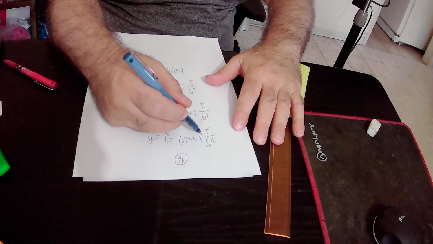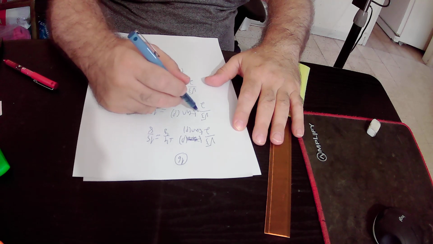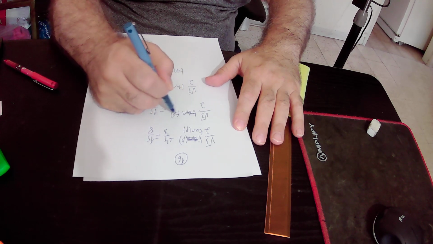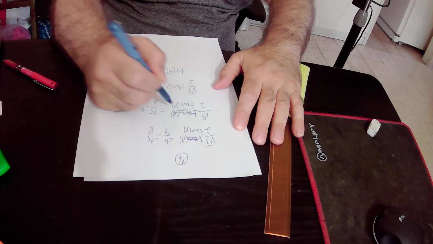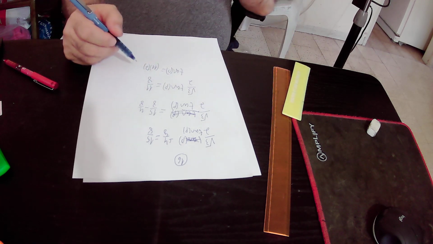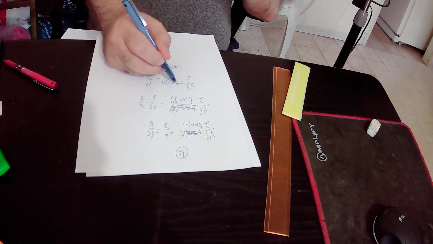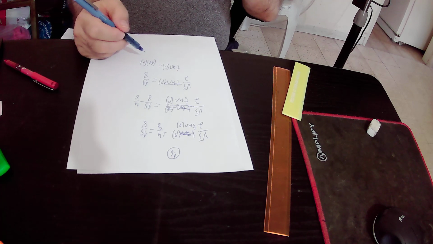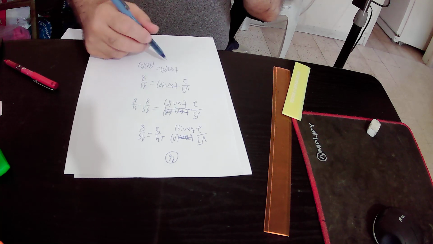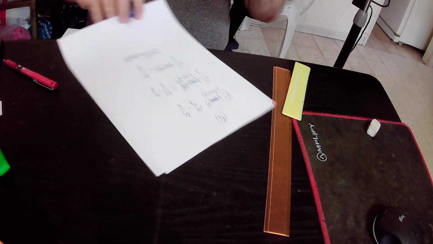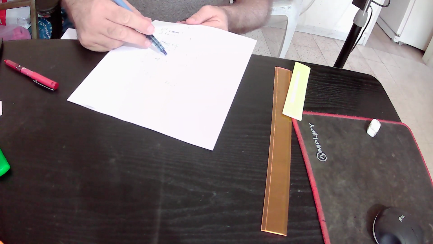Here also tangent p is in the denominator, and also here tangent p is in the denominator, so we will multiply this equality by tangent p in order to find the value of tangent p.